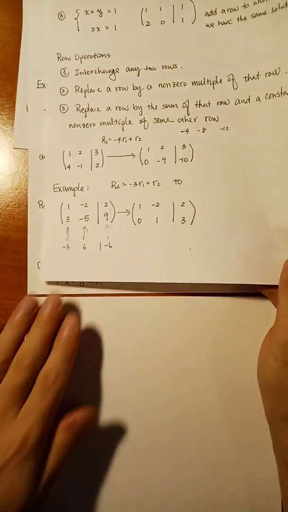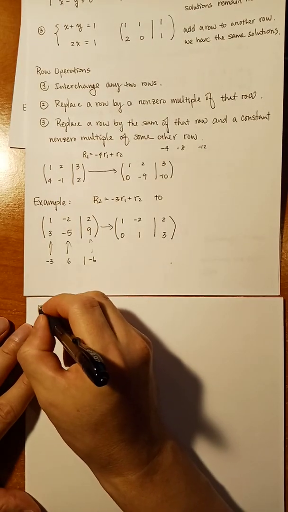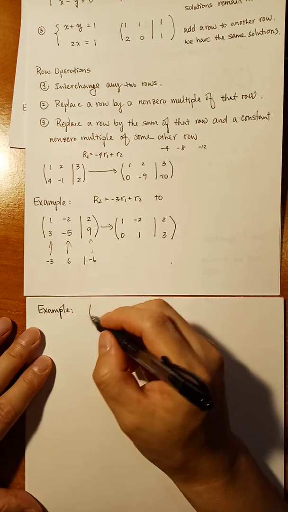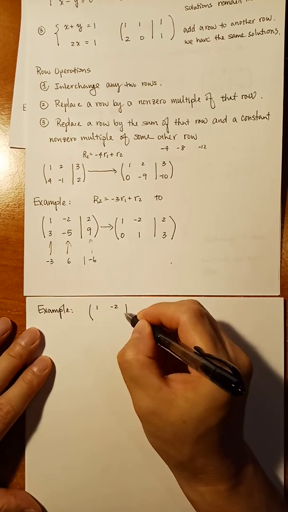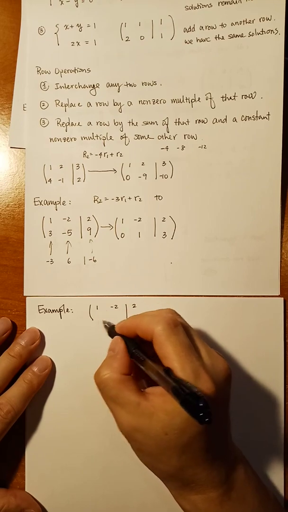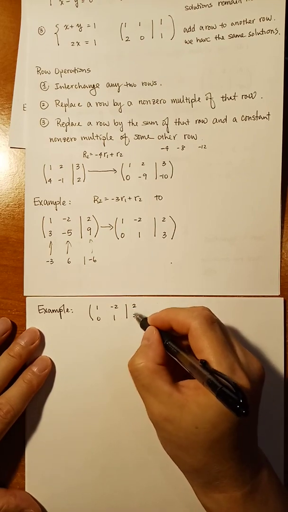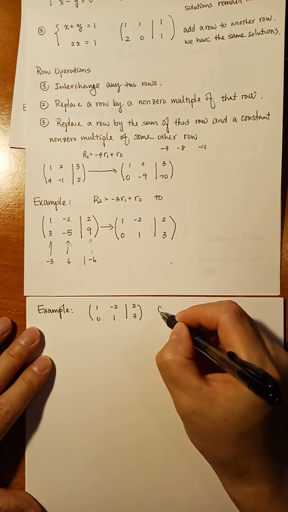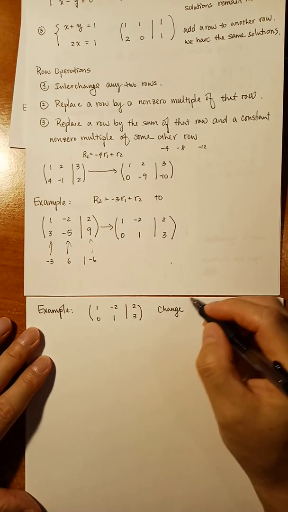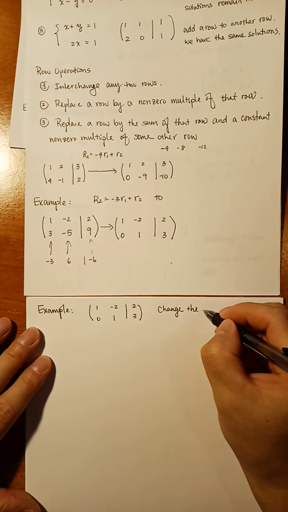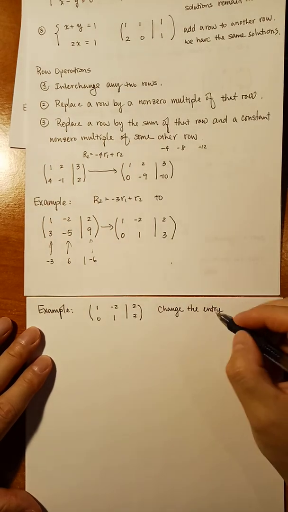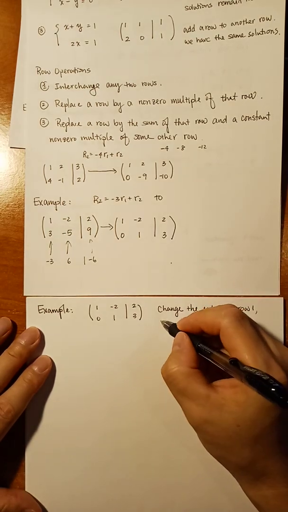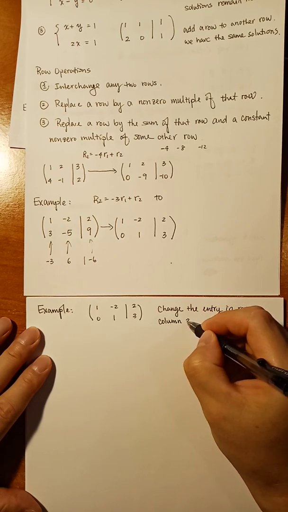Okay, another example. We have an augmented matrix. The requirement is to change the entry in row 1, column 2 to be 0.